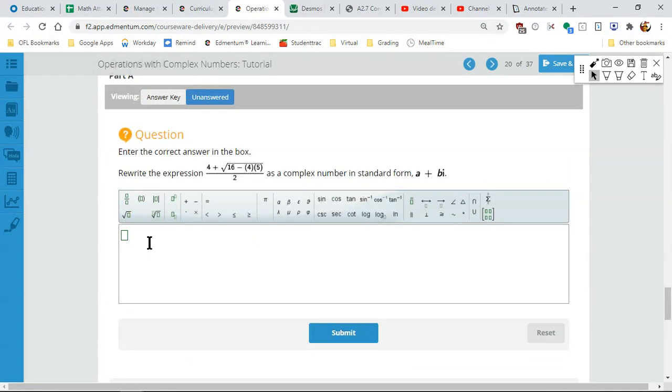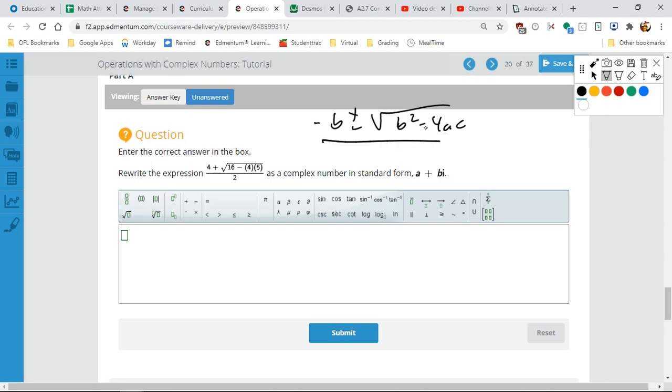All right, so let's get down to this. You guys might remember this from the quadratic formula. It's a simplified quadratic formula. -b plus or minus square root of b squared minus 4ac, all divided by 2a. In this case, I'm assuming that the a was 1 and the b was -4 and the c was 5.